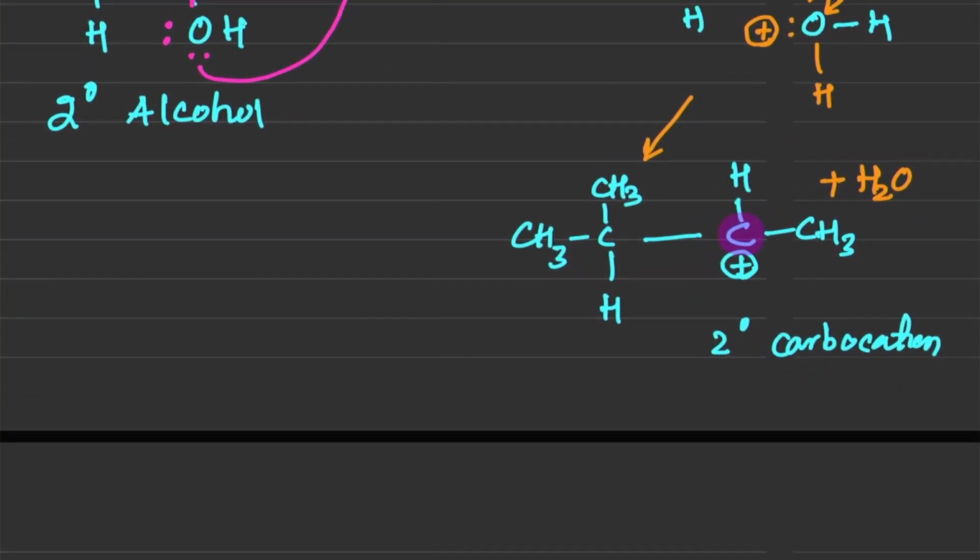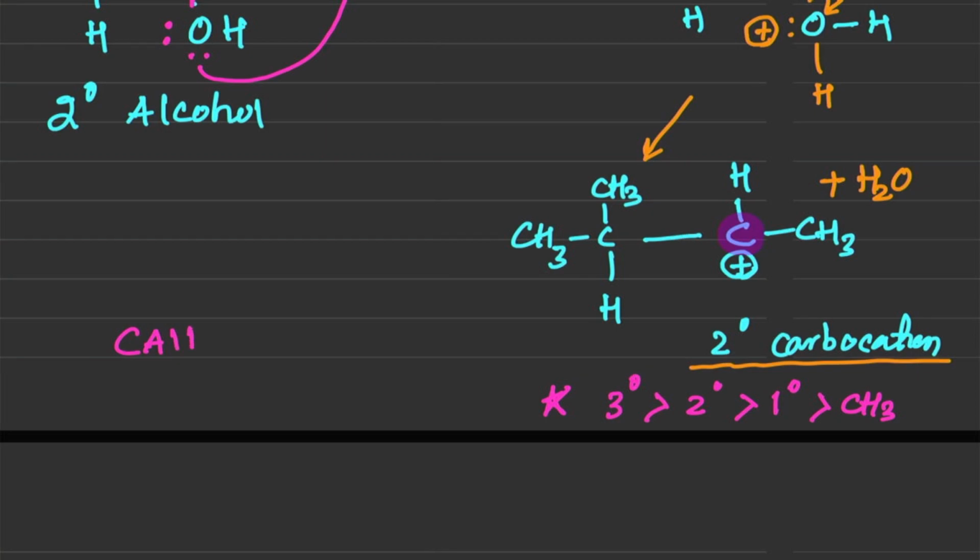Now when you create the secondary carbocation, is it stable? It's decently stable. Remember the stability of carbocations: tertiary is better than secondary, than primary, than methyl. So when you create a secondary carbocation, always ask yourself, can we make it better?